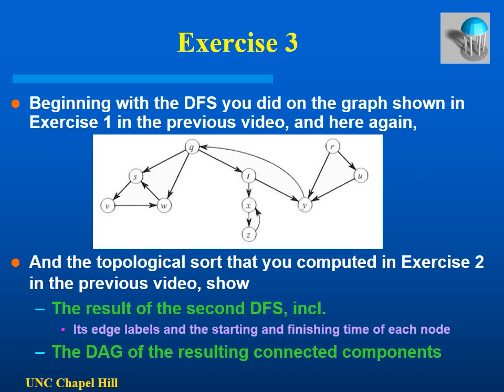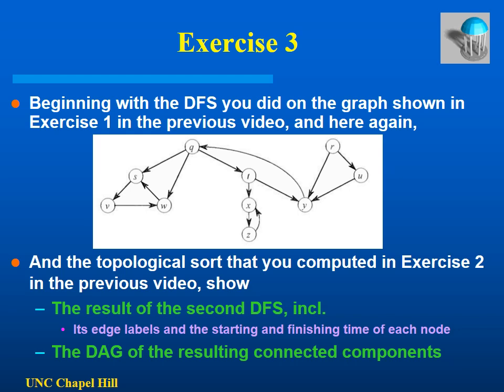And then a project, an exercise to be done in class in our inverted fashion. You've already done the depth first search of the graph that you see here, and you also did its topo sort.